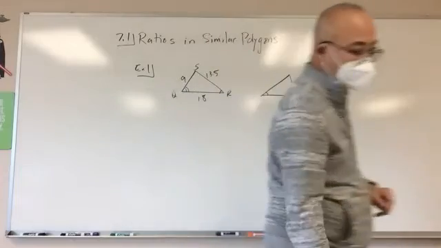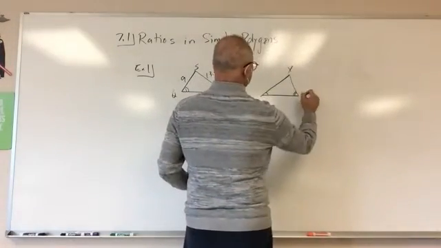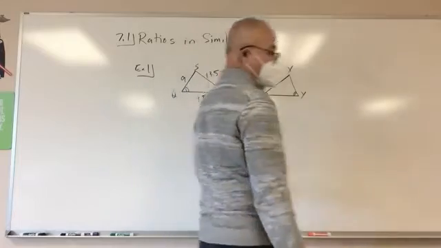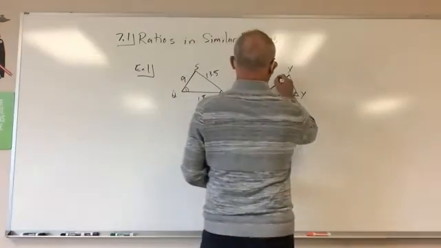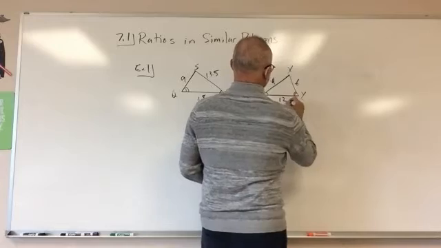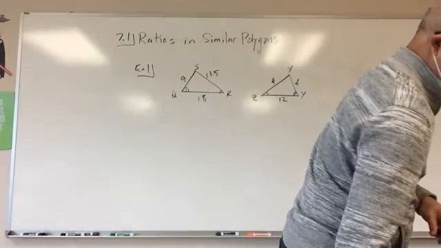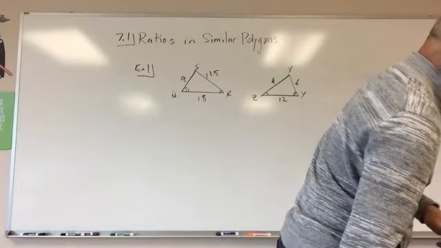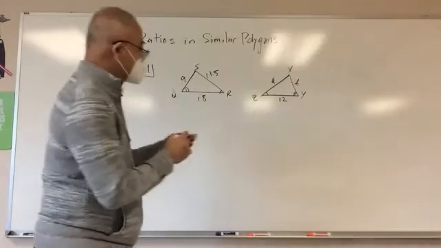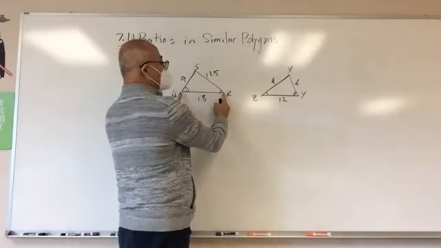We have X, Y, Z, and we have 9, 6, and 12. What are we trying to find? Identify the pairs of congruent angles and corresponding sides. So, what is the corresponding side to QR?